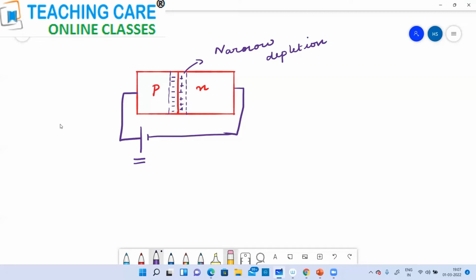The depletion region is thin now. And the junction diode offers a low resistance during the forward bias.